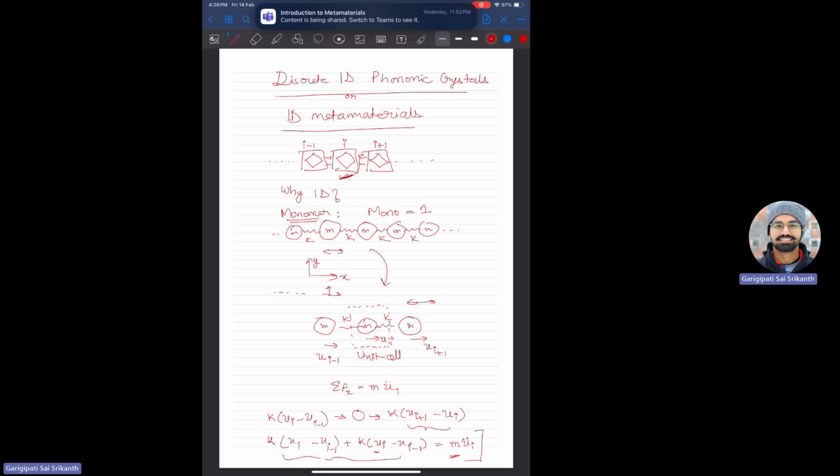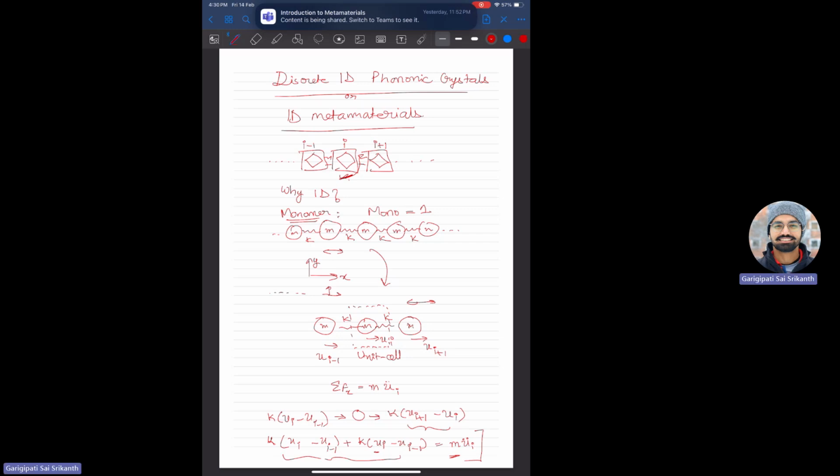There could be material in the other direction, but there may not be periodicity in the other direction. Even then, it's 1D, it's a chain essentially. So 1D does not mean a literal chain. When we say a chain, we're talking about in how many directions there is periodicity.